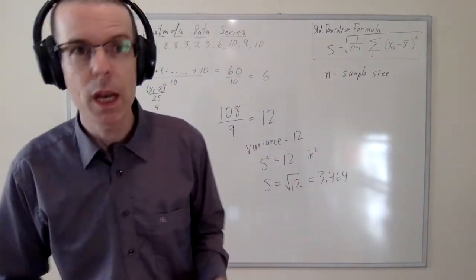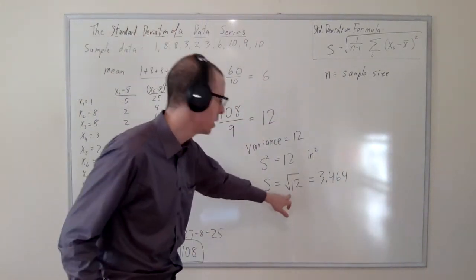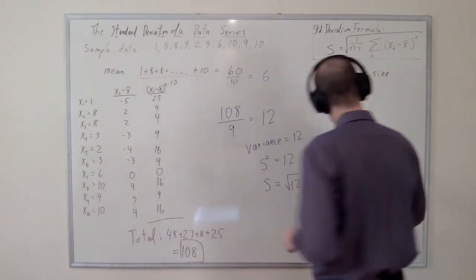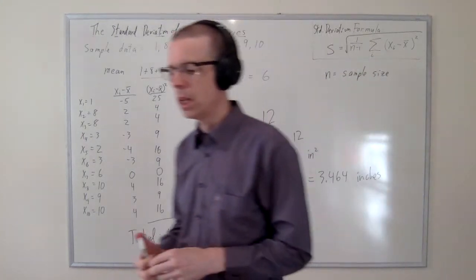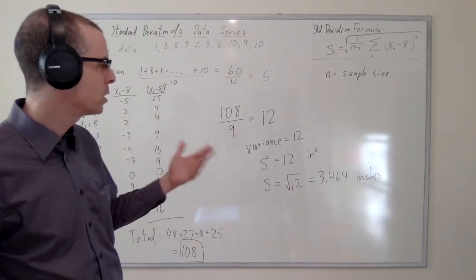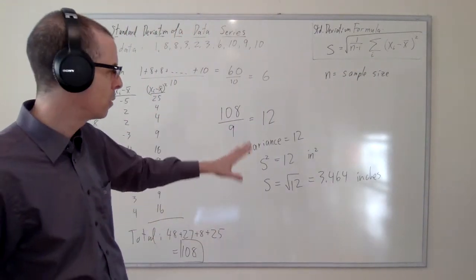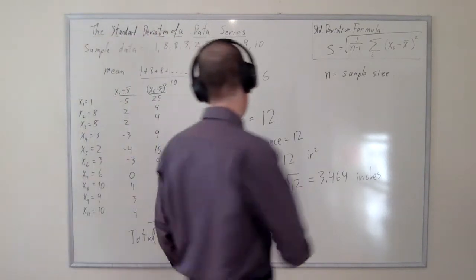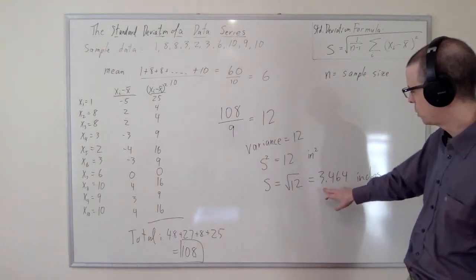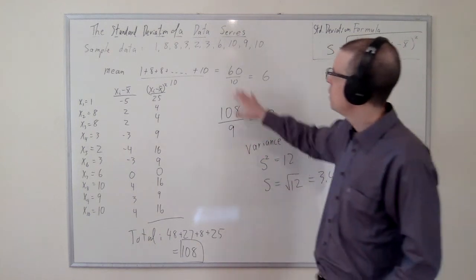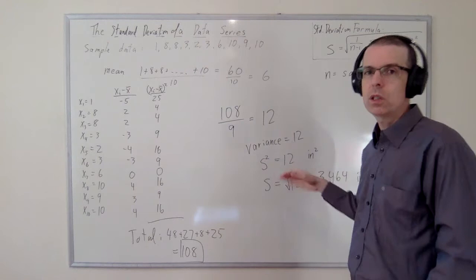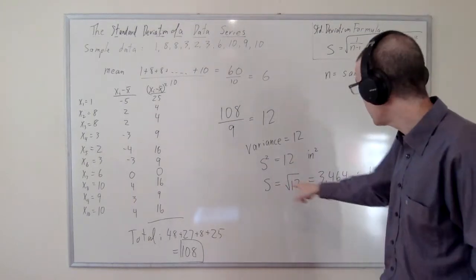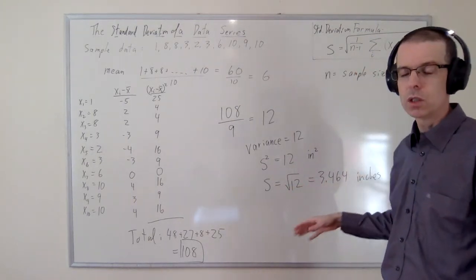So what's the benefit? I know how to interpret this because it has the right units. And it actually makes sense in a much more interpretable way. So let's go through some unit examples. S is, let's just round this off to 3.5. So if these are plants' heights in inches, S squared is 12 square inches, and I don't know what sense to make of that, but S is 3.5 inches.